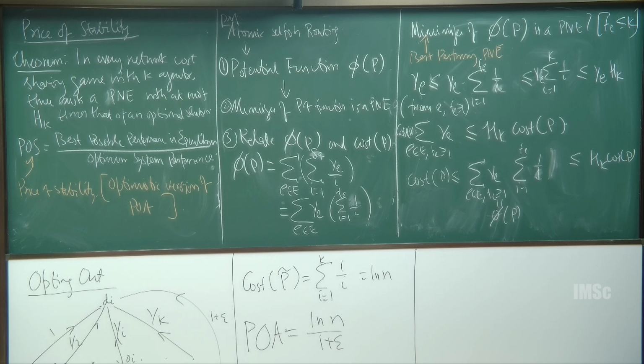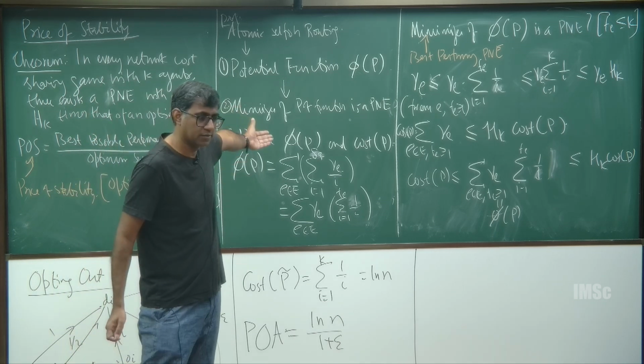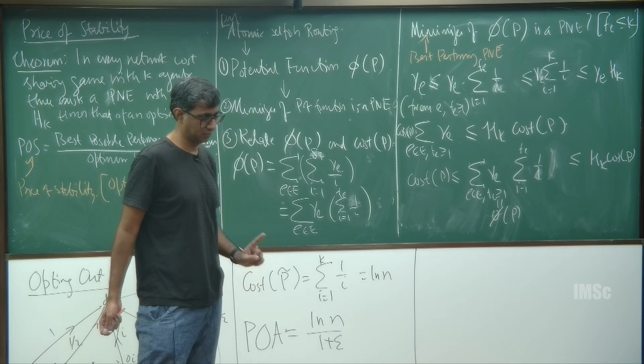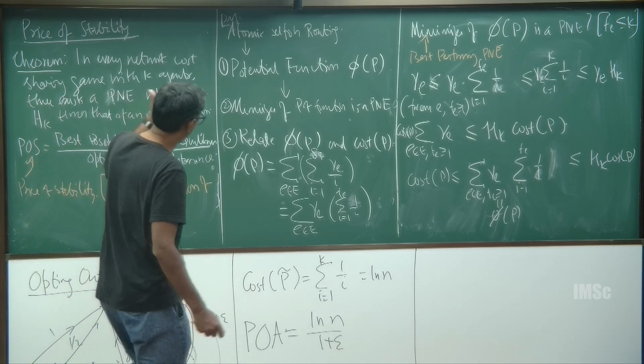But what is phi of P? Phi of P is less than or equal to phi of P star. Why? Because I was looking at some potential and I tried to minimize it, right? So P star is also a possible outcome that could have minimized it, but it did not. So P minimizes it. You understand my point? Look at all the strategies.